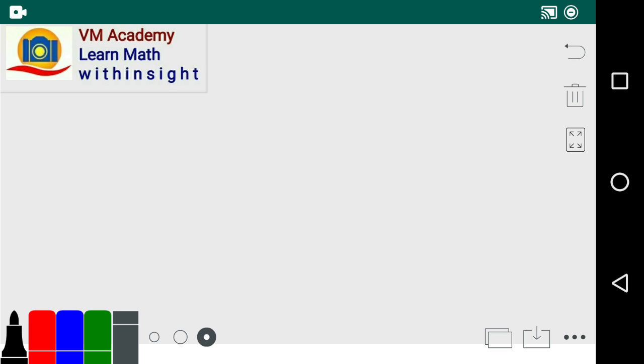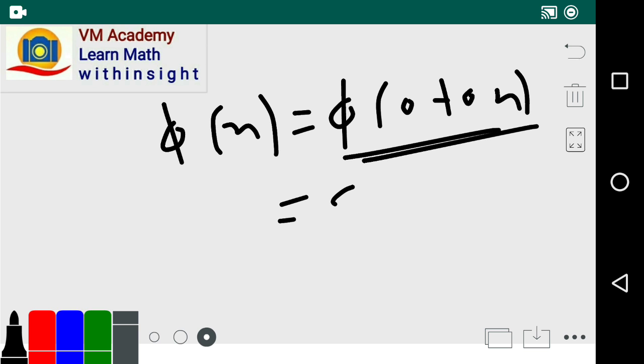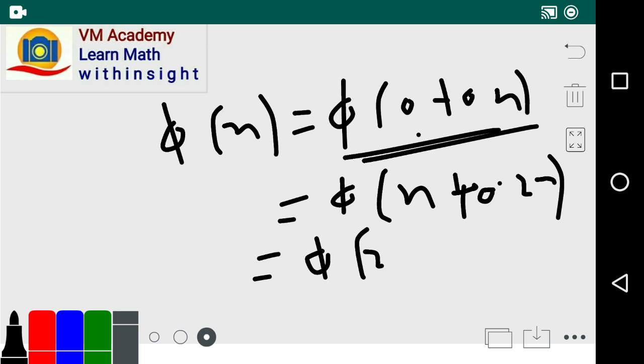In general we can write that phi of n, meaning the number of co-prime numbers to n between 0 and n, is equal to phi of n to 2n, equal to phi of 2n to 3n, and so on.